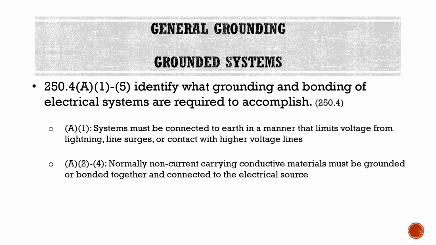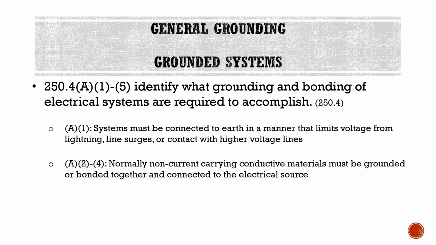A2 through 4, so we had A1, now we've kind of grouped 2 through 4 into one point because they all basically go over some of the same concepts. Normally non-current carrying conductive materials must be grounded or bonded together and connected to the electrical source.